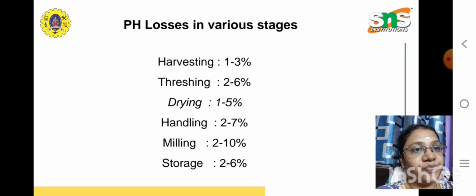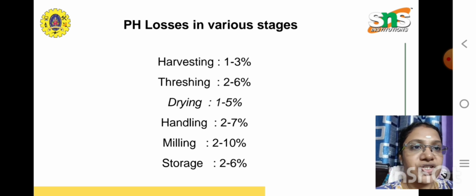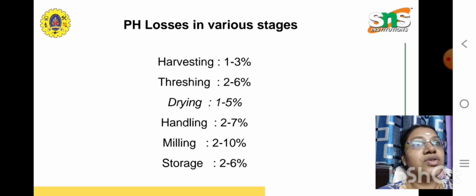Second, due to threshing, some 2 to 6% of the loss occurs. Threshing means that we are separating the particular crop from the husk. What happens is that due to improper threshing practices, mainly the traditional or hand threshing, these losses may occur.